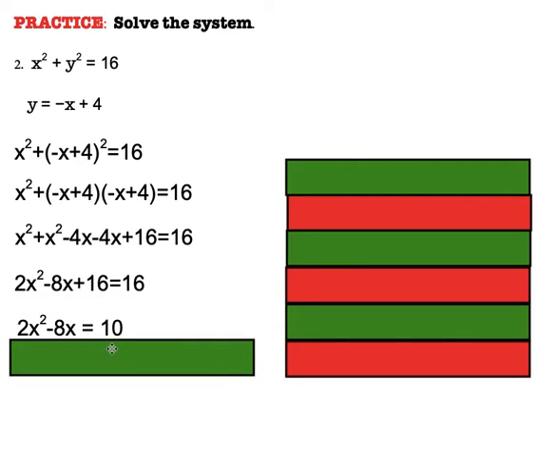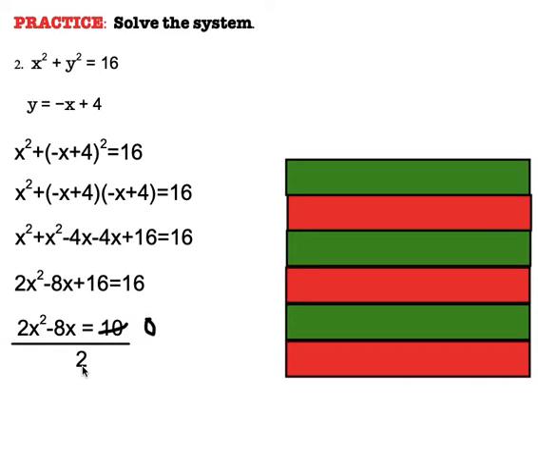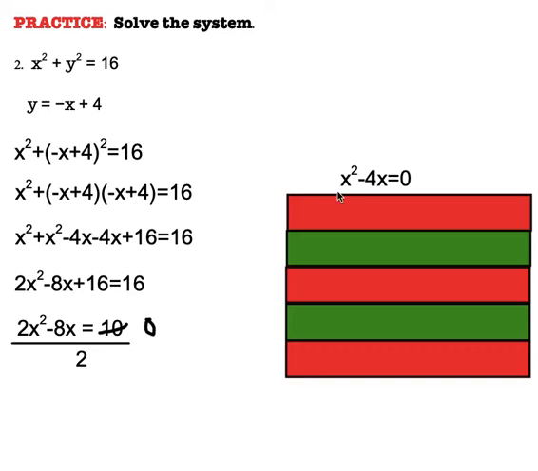We move over our constant. Ooh, that should be 0, not 10. Okay, divide everything by the number in front if possible, which is 2. We get x squared minus 4x equals 0 divided by 2, which is 0.